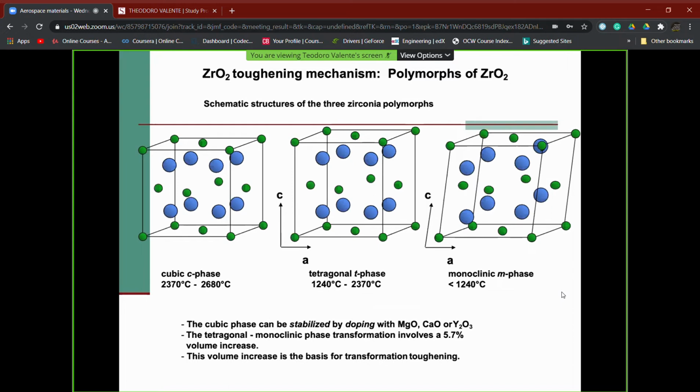It is a transformation of the unit lattice which happens with a relevant variation in volume, which is something around 6%. And this volume variation is able to break the material. We have an increase in volume in the transformation from tetragonal to monoclinic, and a decrease in volume in the transformation from monoclinic to tetragonal.